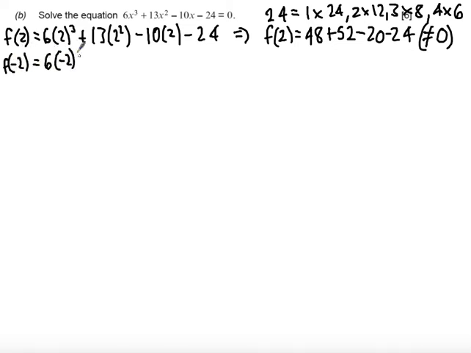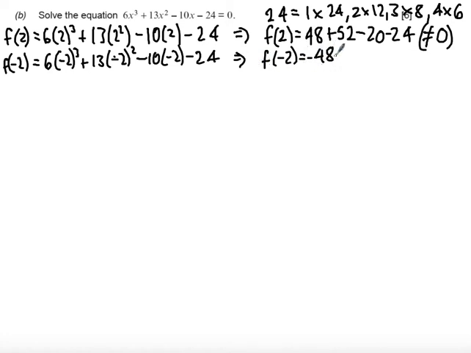6 times minus 2 cubed plus 13 times minus 2 squared minus 10 times minus 2 minus 24. So evaluating this now, we get minus 8 times 6, which gives me minus 48.